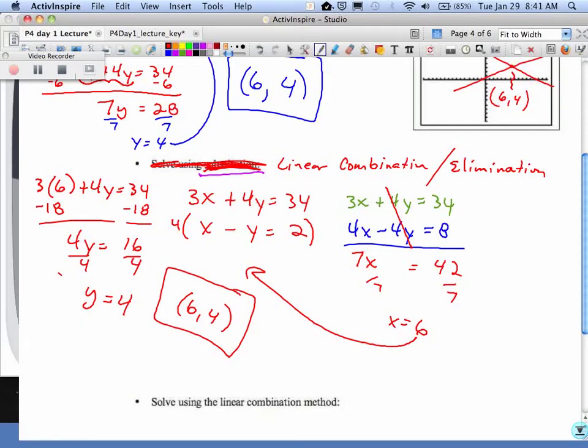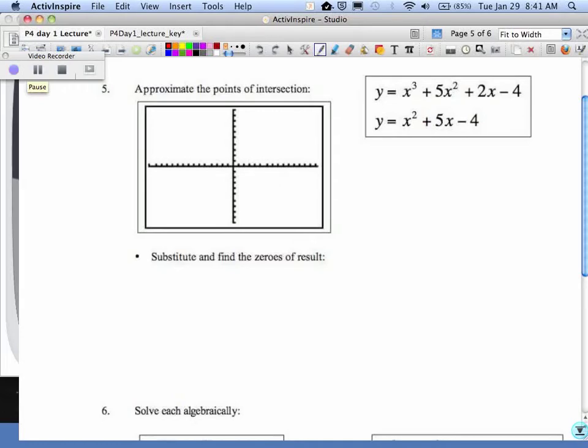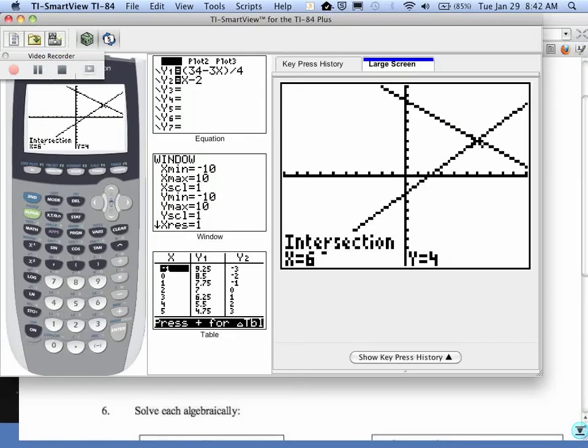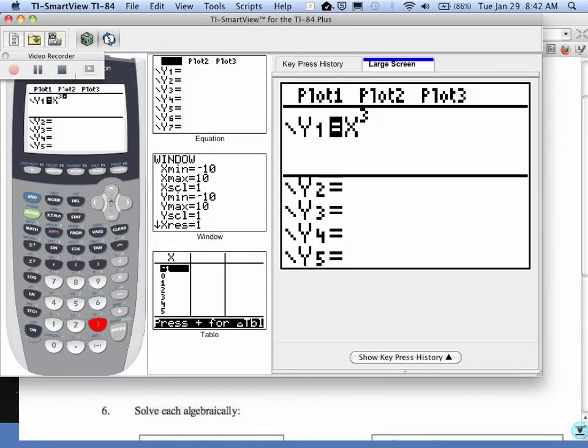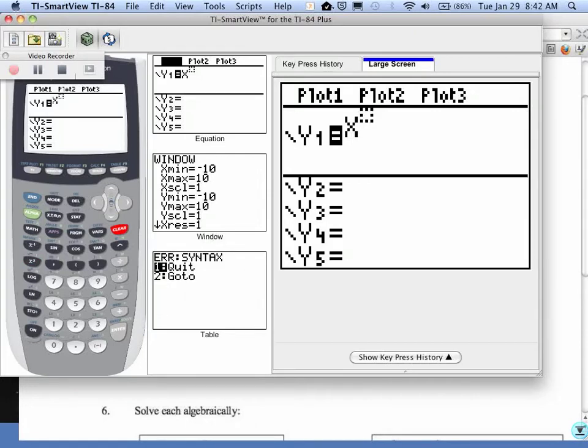Okay, so first thing, go to y equals, get them cleared out. So go ahead and read that first equation to me, please. X cubed plus 5x squared plus 2x minus 4.